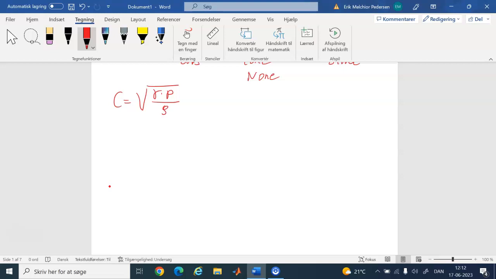If we put, for instance, 1.4 for the adiabatic constant, 100,000 newton per square meter divided by 1.254 kilogram per cubic meter, then with the units in the right way, we get 343 or 4 meters per second.